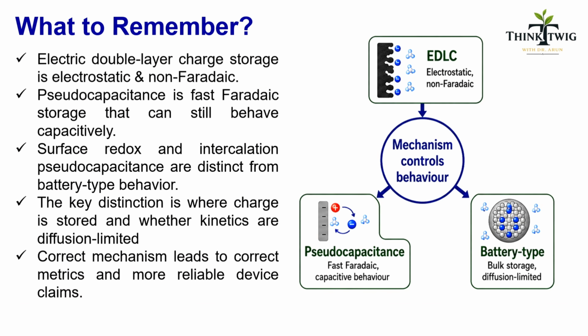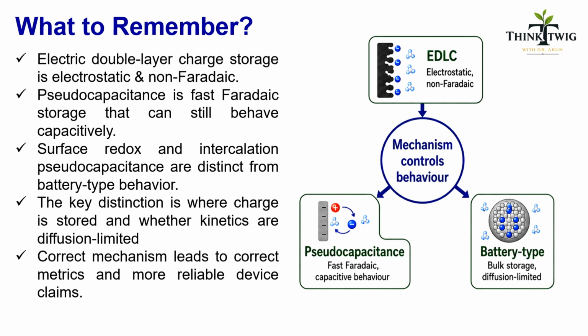So, let us finish with one clear framework. If charge is stored mainly through electrostatic ion adsorption at the electrode electrolyte interface and without an electrode redox reaction, we are discussing electric double layer storage. And if the charge is stored through Faradaic chemistry, but the kinetics remain fast enough to produce strongly capacitive like behavior, we enter the world of pseudocapacitance.